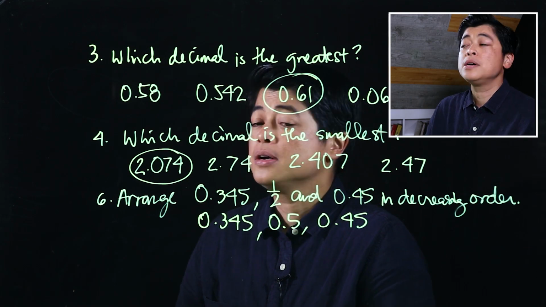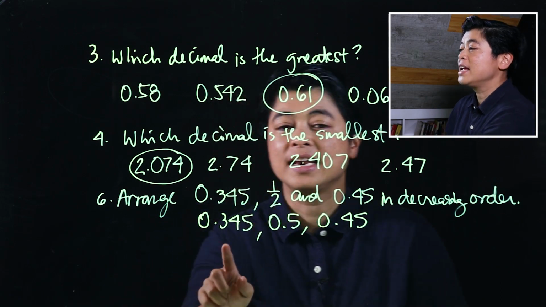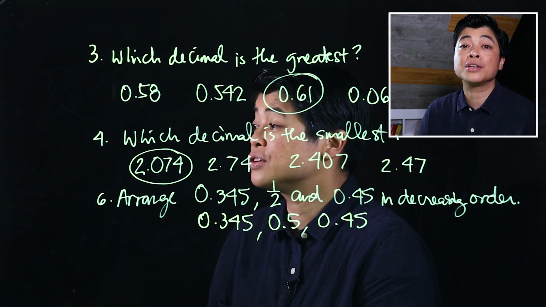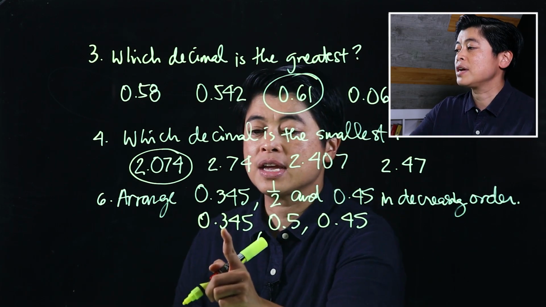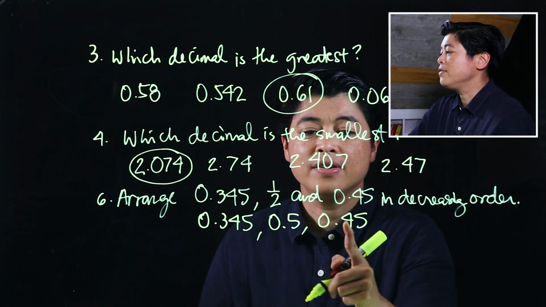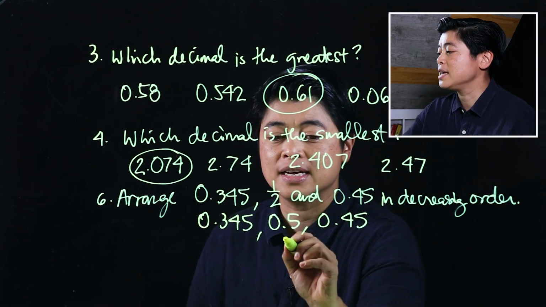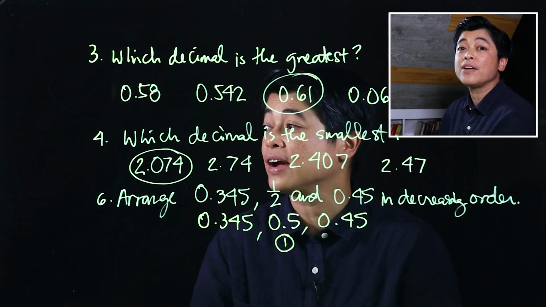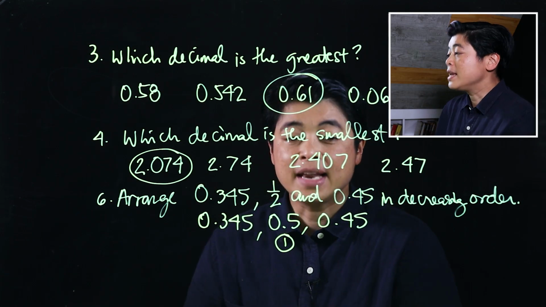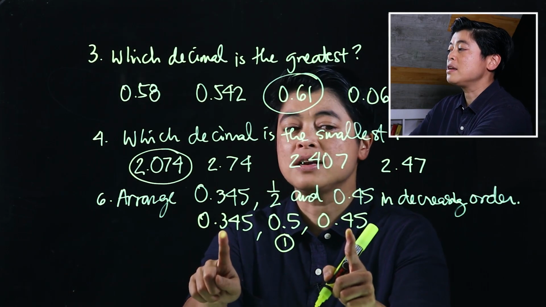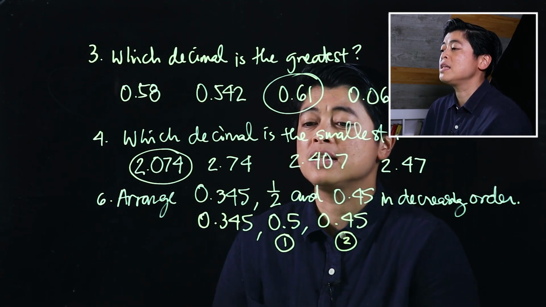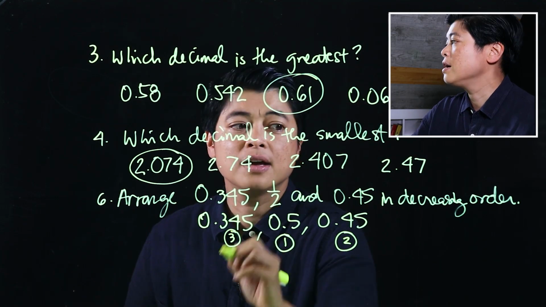Since it says arrange in decreasing order, I have to look for the largest one first. Looking at 3, 5, and 4, the largest is this, so I'm going to number it as number 1 and then write the final answer after. The next is to look between 3 and 4. The 4 is larger, so that will be the 2 and this will be the 3.